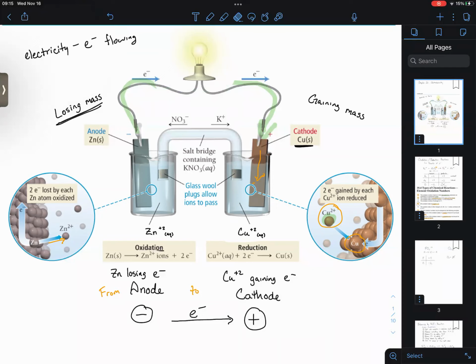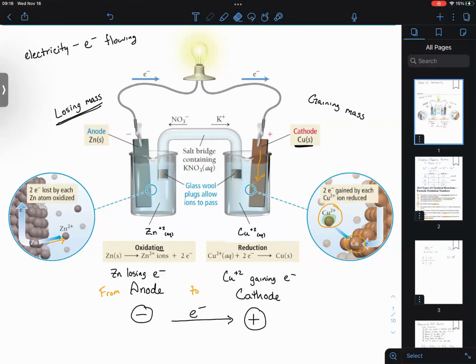And again, what's kind of amazing is that this transfer of electrons occurs even without that direct collision between the copper ions and the zinc metal, right? The zinc metal is over here in this solution, and the copper ions are floating over here in this solution. They never actually make physical contact with one another. Nonetheless, those copper ions are able to pull those electrons through that wire from the zinc metal, right?